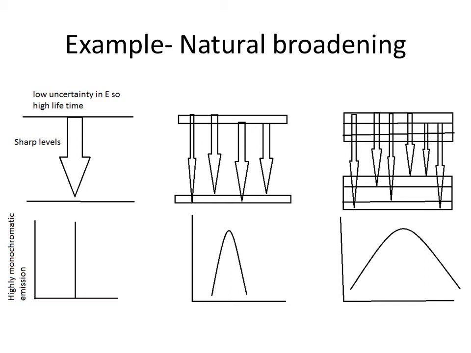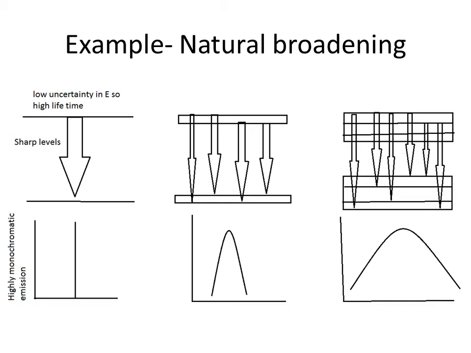So the energy corresponding to this transition will be the highest, whereas the fourth arrow is a transition from the lowermost sublevel in the upper state to the uppermost sublevel in the lower state, and the energy corresponding to that transition will be the lowest.